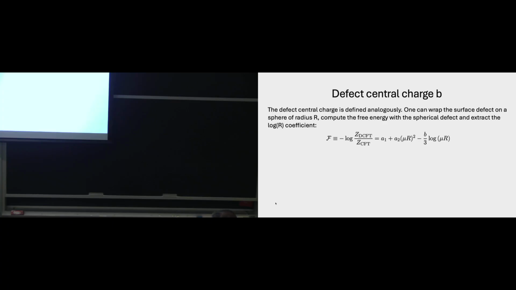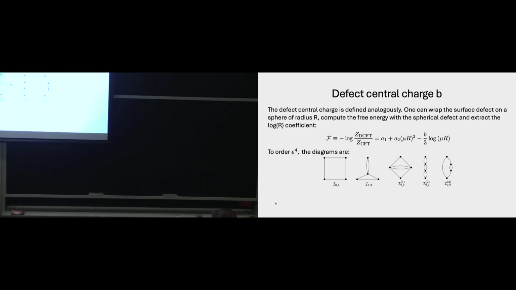Okay, given that, with the factorization property, we also computed the defect central charge. Here it's denoted by B. It's defined analogously, and it can be computed by wrapping the defect on a 2 sphere of radius r. Again, the log r term of the free energy gives the defect central charge, this B. And we computed it to order epsilon to the fourth.